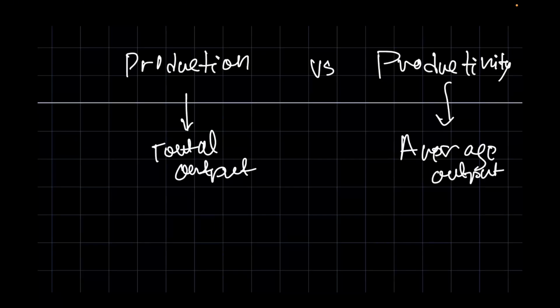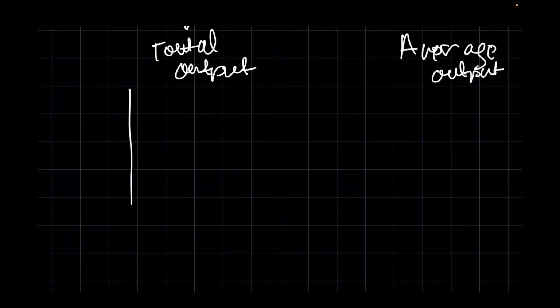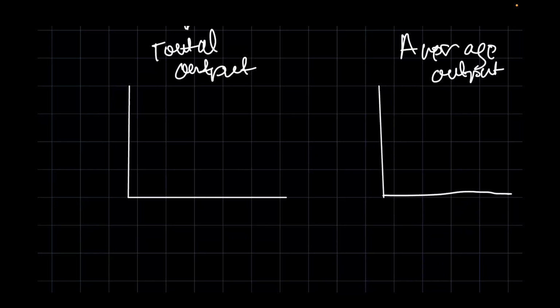Now let's take a look at some diagrams to understand the differences between them. Firstly, a total product diagram and an average output diagram.